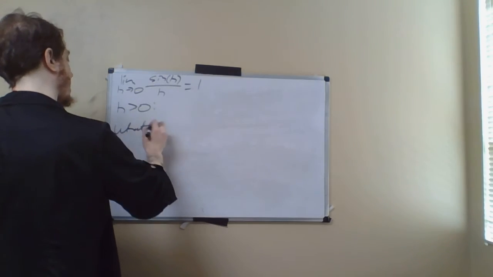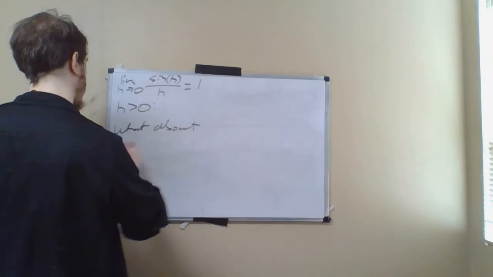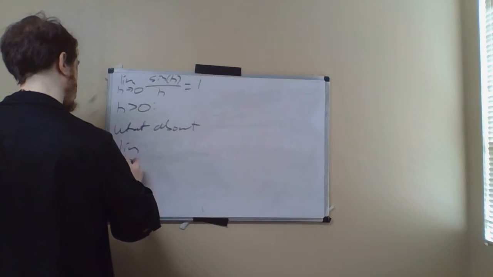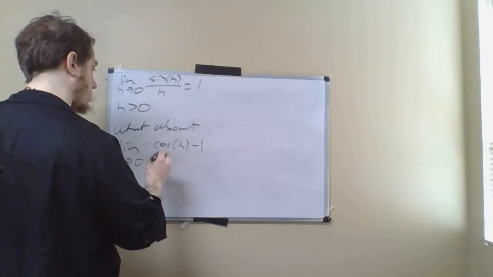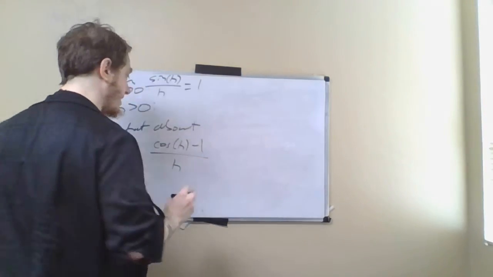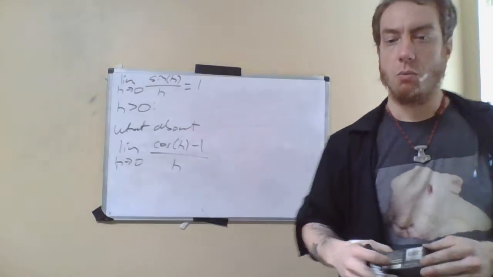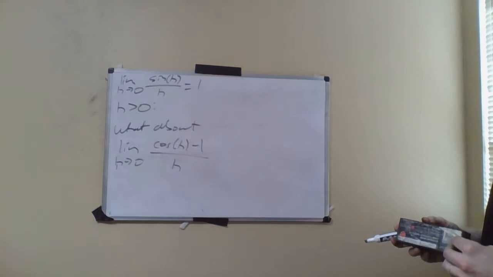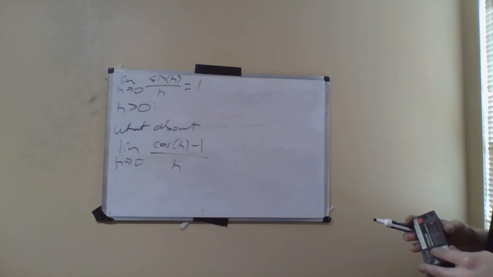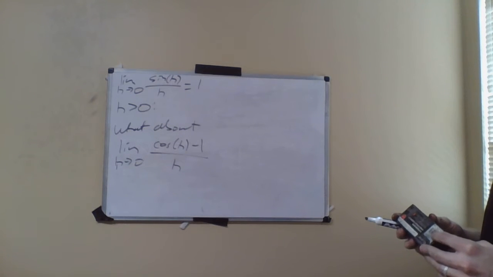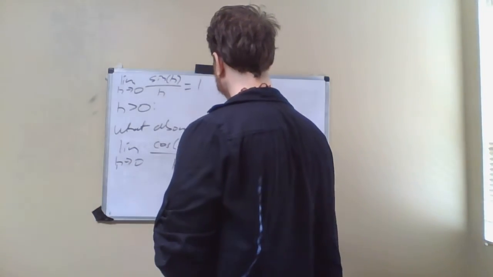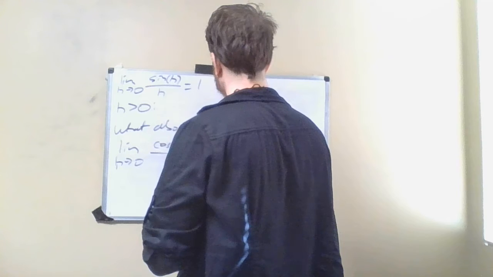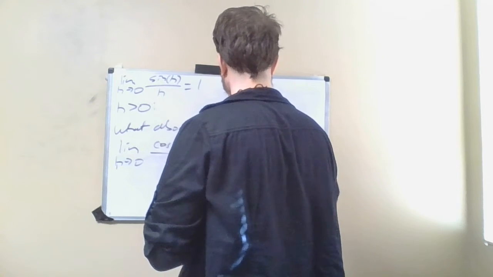So now we have to ask, what about the limit as h approaches 0 of cosine of h minus 1 divided by h? Well, this one is going to require us to be a little bit more clever here. So to do this, I'm going to multiply on the top and the bottom by cosine of h plus 1.